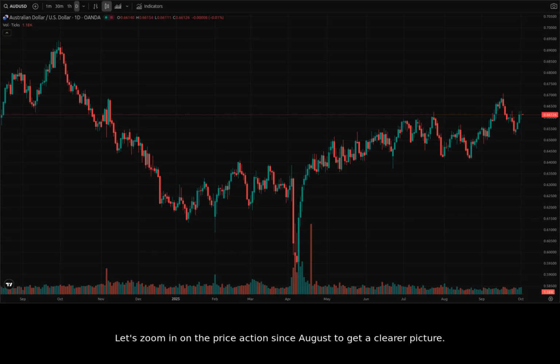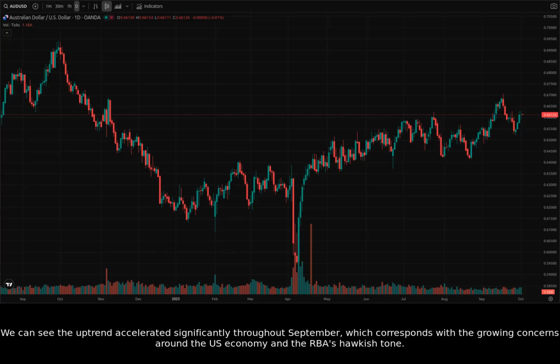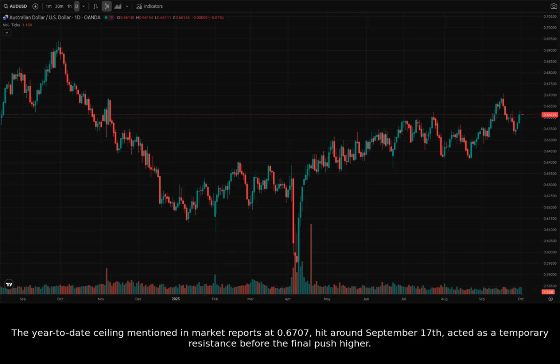Let's zoom in on the price action since August to get a clearer picture. We can see the uptrend accelerated significantly throughout September, which corresponds with the growing concerns around the U.S. economy and the RBA's hawkish tone. The year-to-date ceiling mentioned in market reports at 0.6707, hit around September 17th, acted as a temporary resistance before the final push higher.